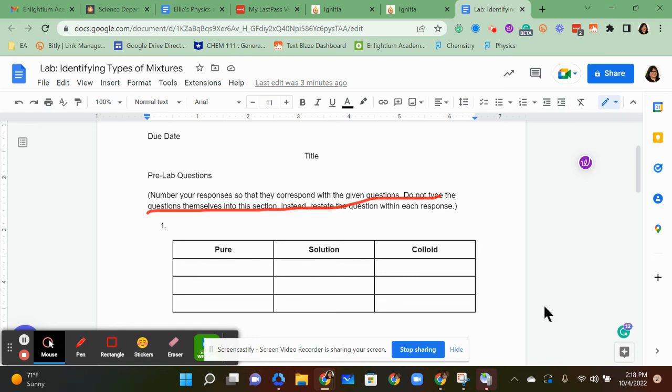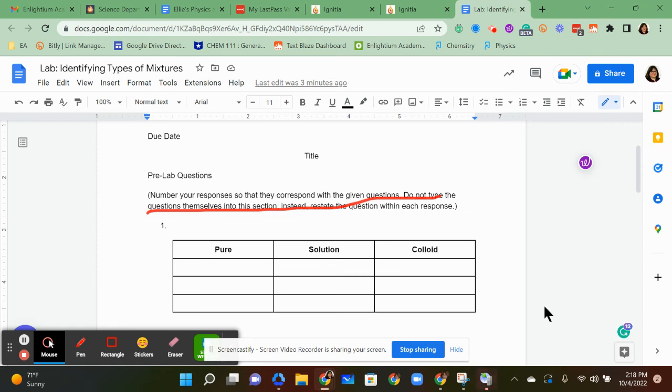That is one of the descriptors that we use for pure. All pure substances are also homogeneous. That means that they're even throughout. And not only that, but they have very, very specific physical and chemical properties. So there you have a quick overview of what you need to have under that column that says pure.